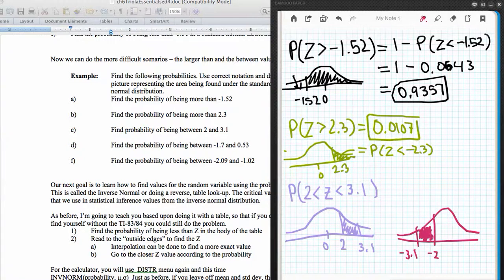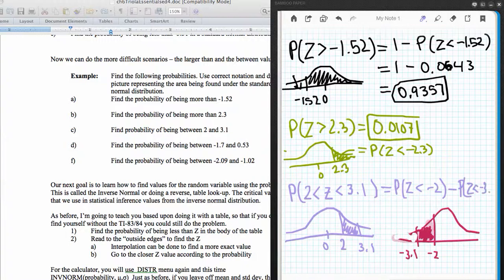So if I want to find this area, I can start by saying, okay, if I find the area here, and then I take out this area right here, then I'll have what's left. So this ends up being the probability of being less than negative 2, and subtracting from that the probability of being less than negative 3.1.